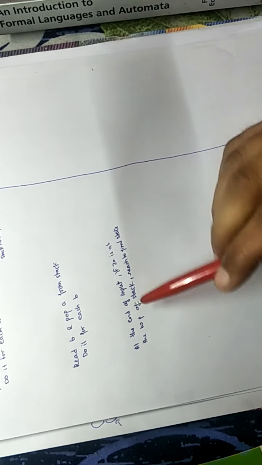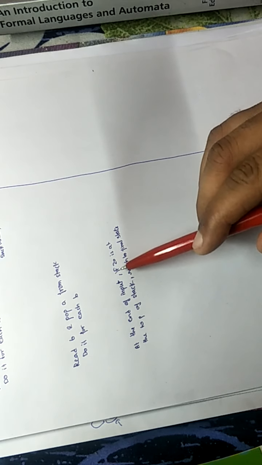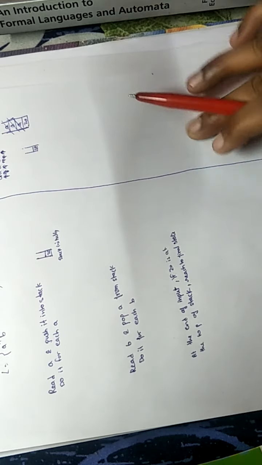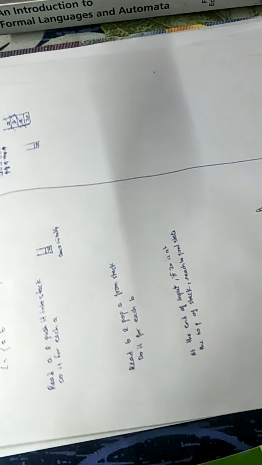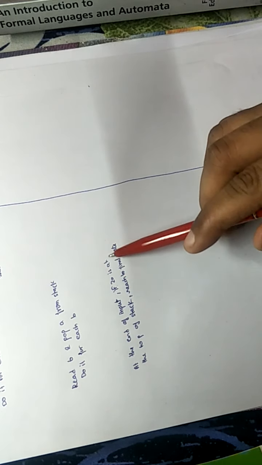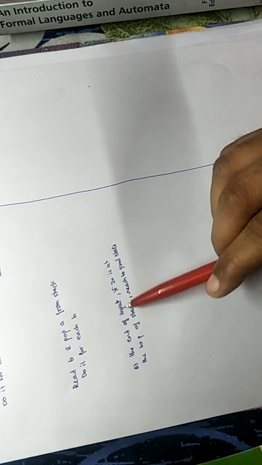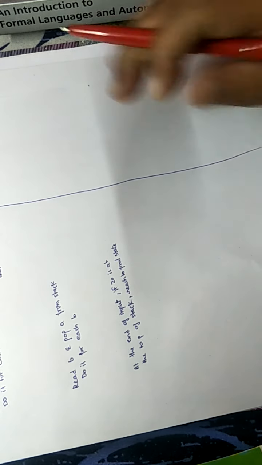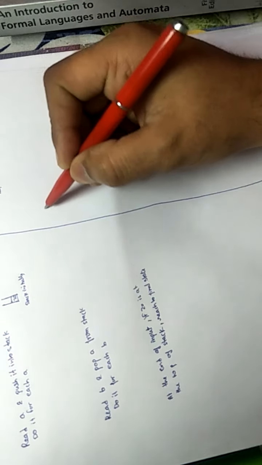At the end of the input we reach the same stack position as initially, so we get Z0 at the top of the stack at the end of the input, and then we reach the final state.